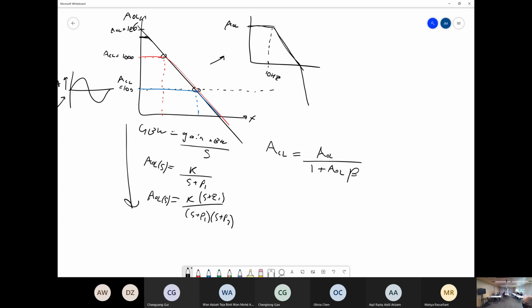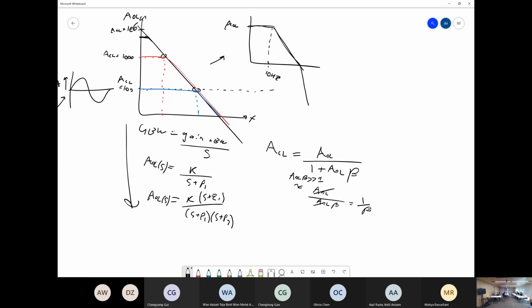You can see that if AOL is sufficiently large, so AOL beta is much greater than 1, you get AOL on AOL beta, and these just cancel out, so you get 1 on beta, right? And beta will be your feedback factor.